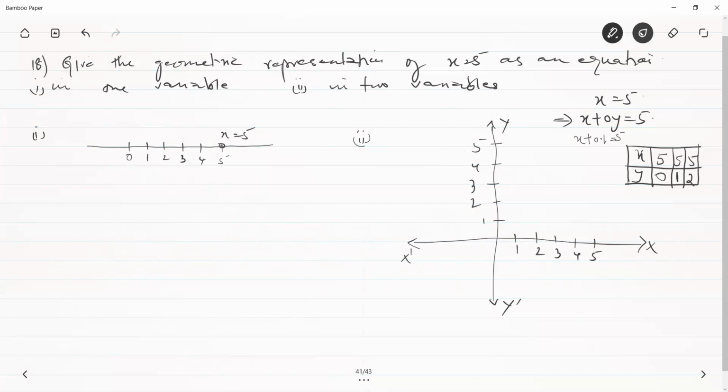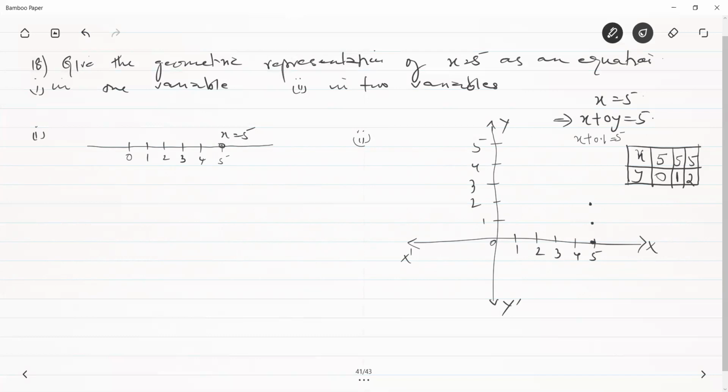So this is 0, and for 0, it is 5. For 1, it is here. So for 1, it is 5. When the value of y is 1, it is again 5. When the value of y is 2, it is again 5.